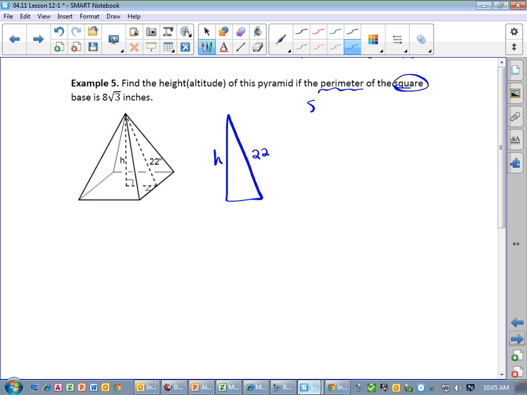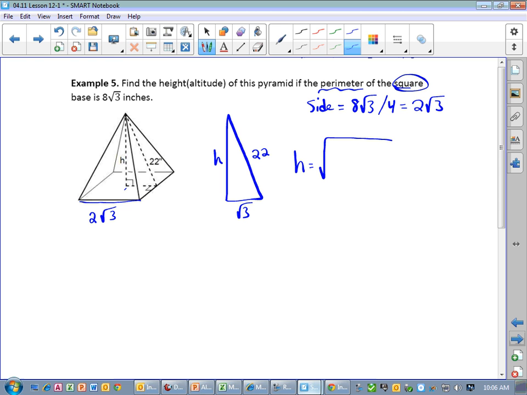We can get the side length from the perimeter divided by 4. So that means that this length right here must be, and our height is going to be the square root of.